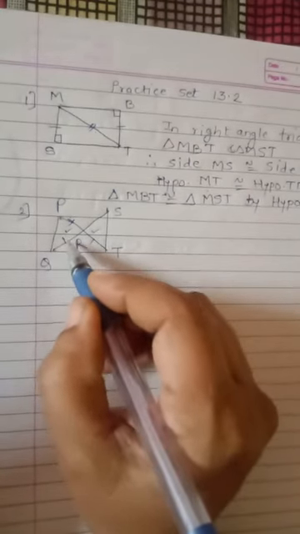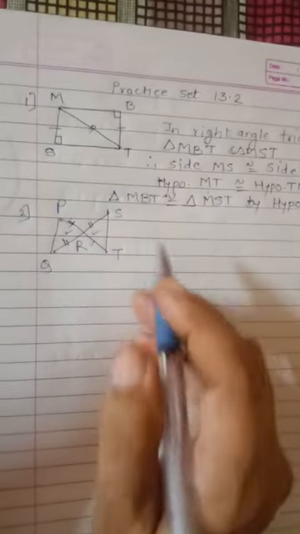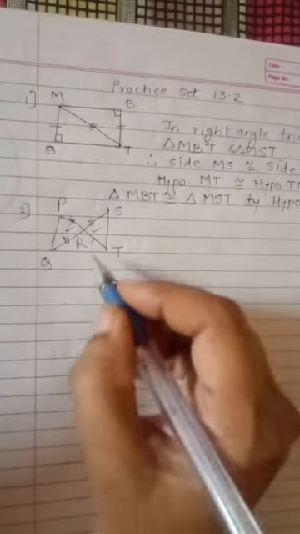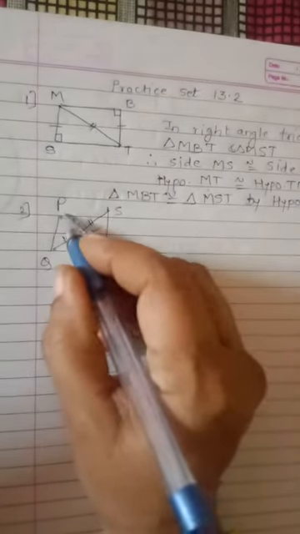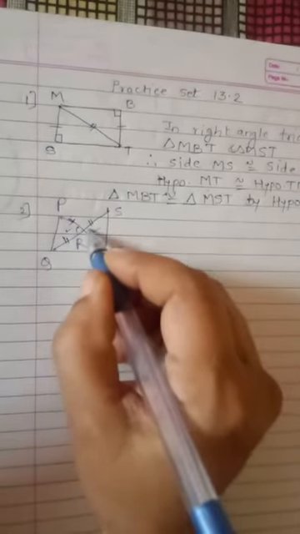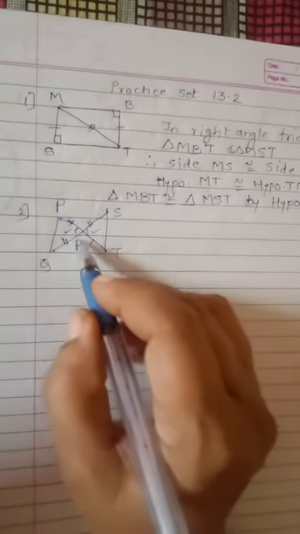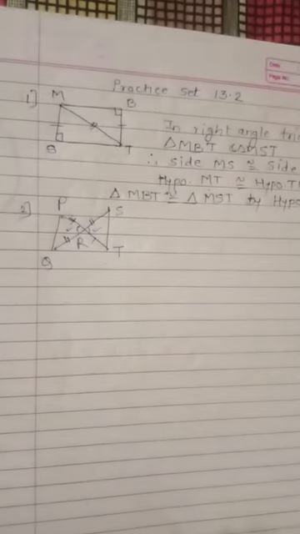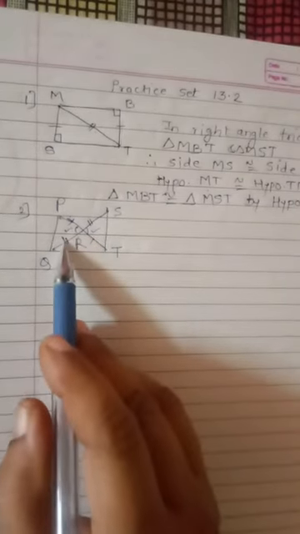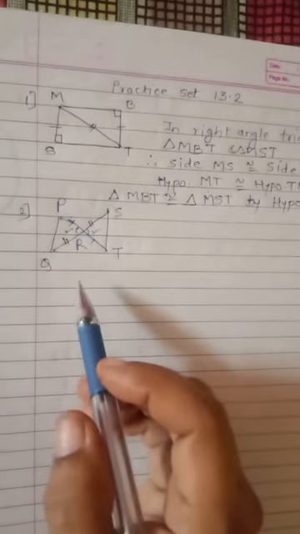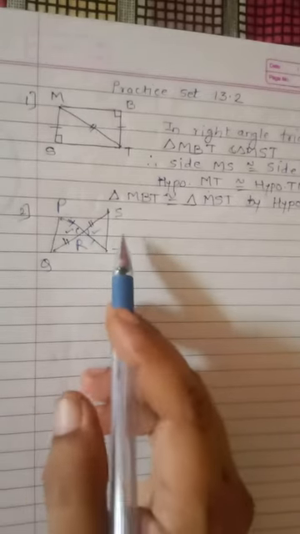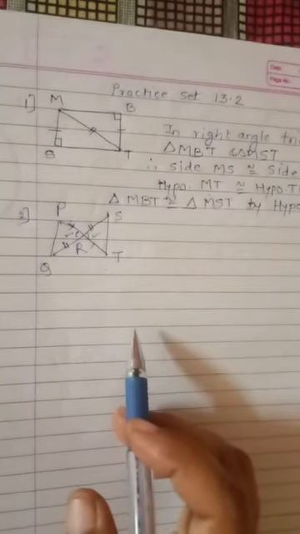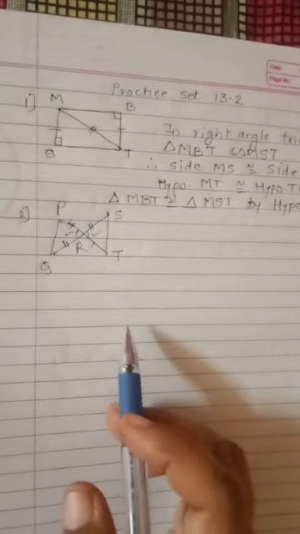Side QR is congruent to side RS. And this angle PRQ is opposite to SRT, and we know that opposite angles are congruent, and by SAS test of congruency, these two triangles PQR and RST are congruent by SAS test.